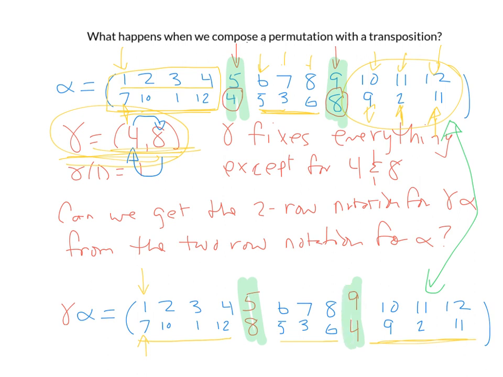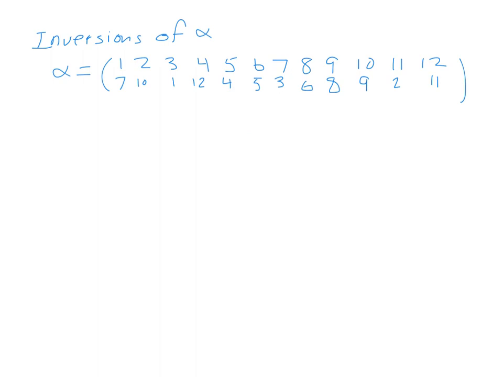In other words, the only thing that we have to do to go from the 2-row notation for alpha to the 2-row notation for alpha followed by gamma is to change the position of the 4 and the 8 in alpha to a 4 over there and an 8 over here in alpha followed by gamma. The places of 4 and 8 just get switched.